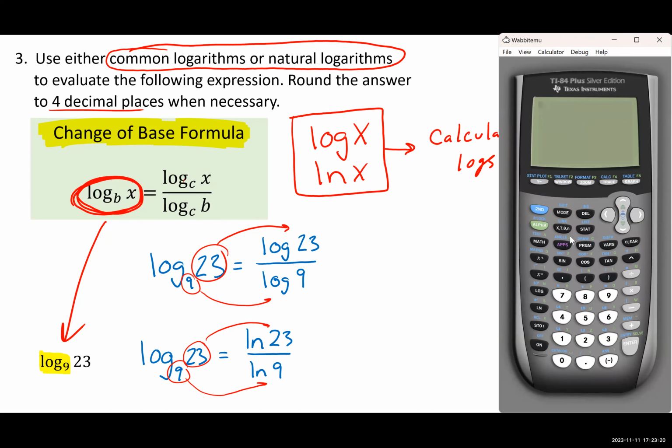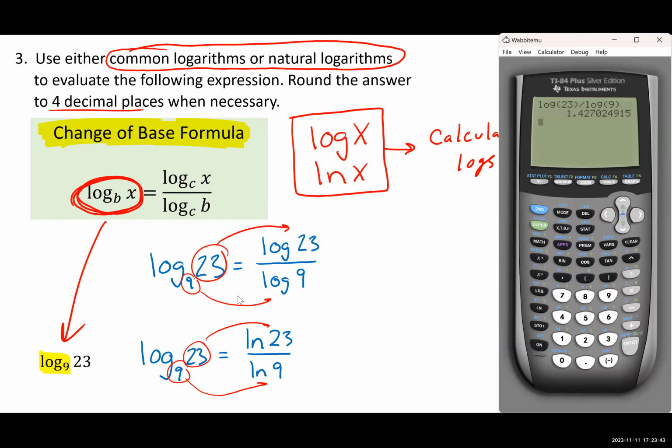But when you divide these two, so the one on top, the log 23 over log 9, let's type that in. The log 23 divided by the log of 9. All right, so that would be the answer to the problem.